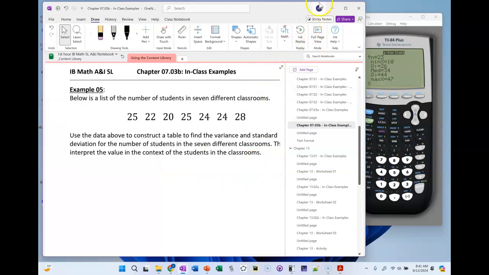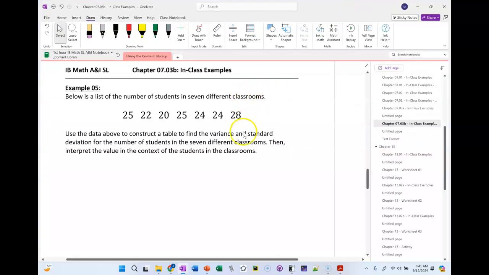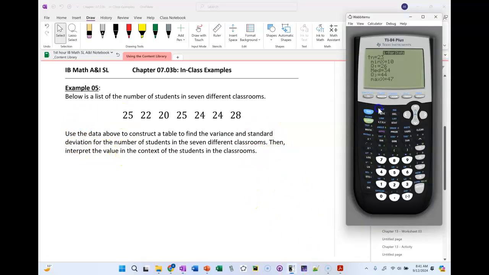It says use the data above to construct a table to find the variance and standard deviation of the number of students in the different classrooms. Okay, so if I wanted to do this using a table, let's do that, and then I'll show you without a table, just using your calculator, how to do this.